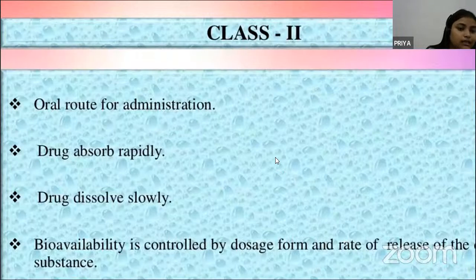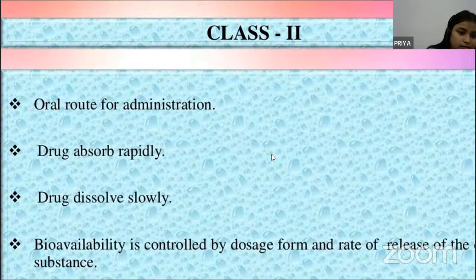In class second, it is also ideal for oral route administration. Drug absorbs rapidly, but the drug dissolves slowly because the drug solubility is low. So the rate limiting factor for class second drug is dissolution, because the drug gets slowly released in the body.